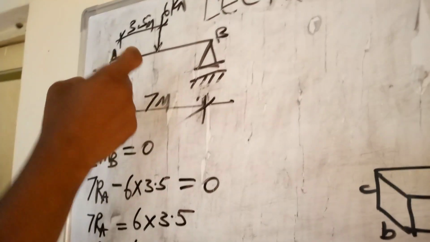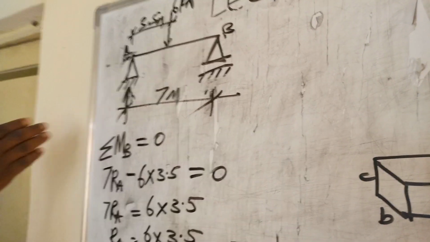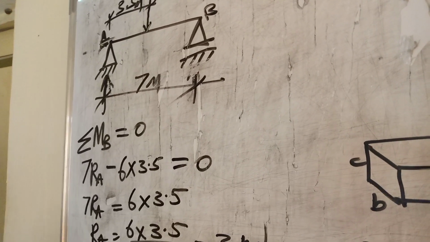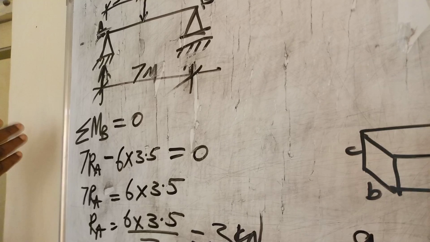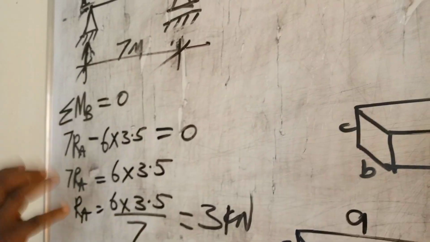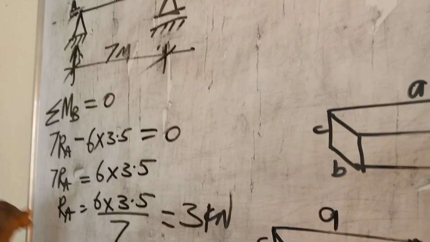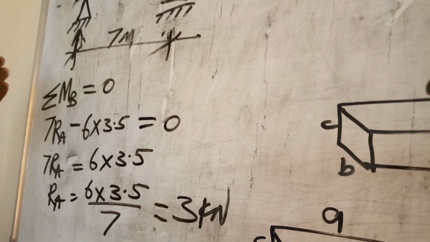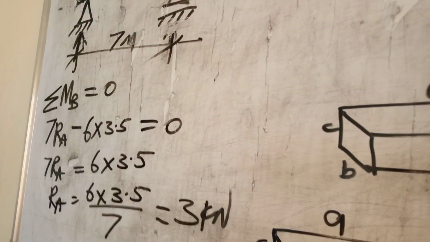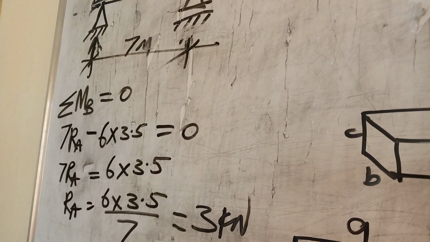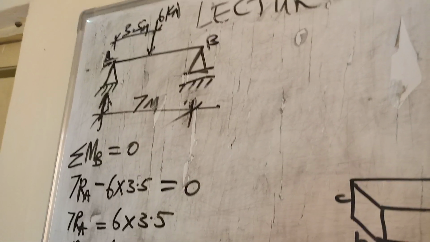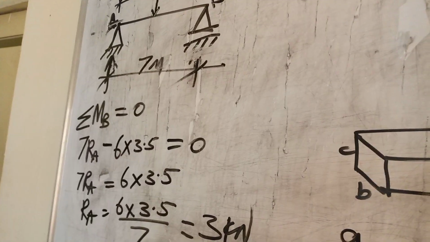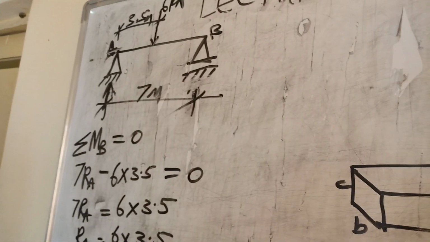Since there is no horizontal action, that horizontal resistance at support A will not appear. So we are interested only in RA, which is vertical, because the action is vertical, so the reaction is also vertical. Support A is supposed to have 2 reactions, but in this case it has only 1. The other reaction did not occur because there is no action generating it. So we now come to support B.